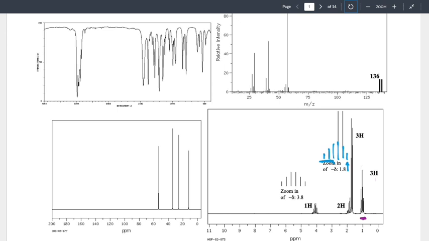Okay. I need to be next to 5 neighbors, which means I need to be bonded to a carbon, and that carbon has to have 5 hydrogens. Can it do that? No. Why not? Octet. I can't bond 5 hydrogens to that carbon. How many hydrogens could I bond to that carbon? 3. 3 is a reasonable guess.